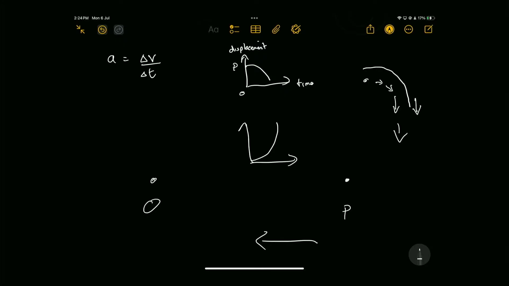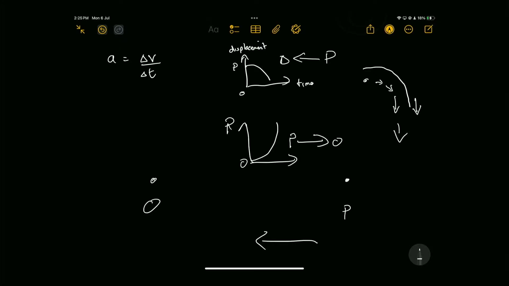It's just that the second graph shows acceleration from O towards P. The first graph shows the acceleration from P towards O. So if this is O and P, and P and O, both of them show acceleration, just in different directions. Is it better now, or do you still want some more clarification? That's good, thanks.